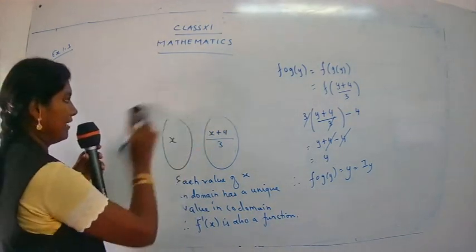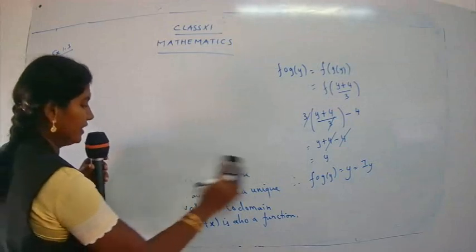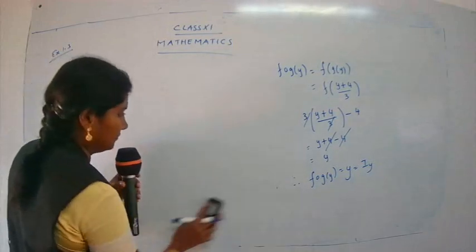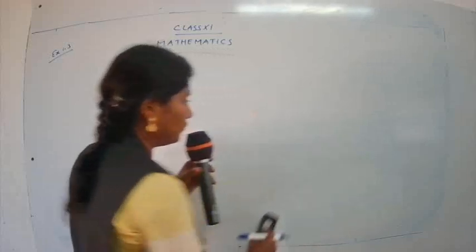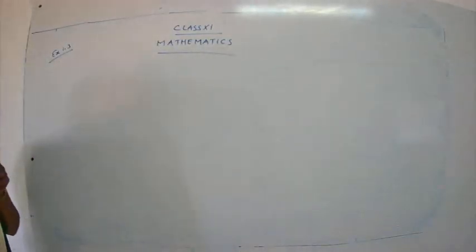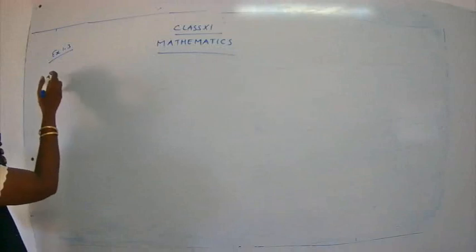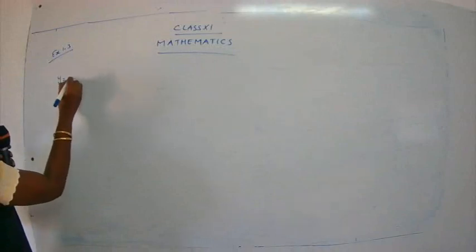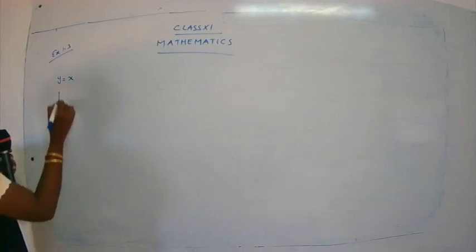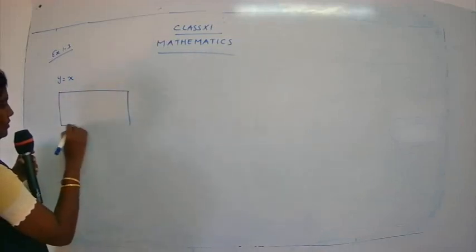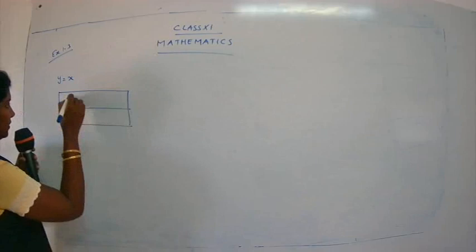We are not going to draw 3 different graphs. We are going to show all the 3 details in the same graph. So first of all, we will draw a table for all the 3 functions that we are going to plot. So we are going to draw a graph for y is equal to x. So draw a table. Use your scale and pencil.